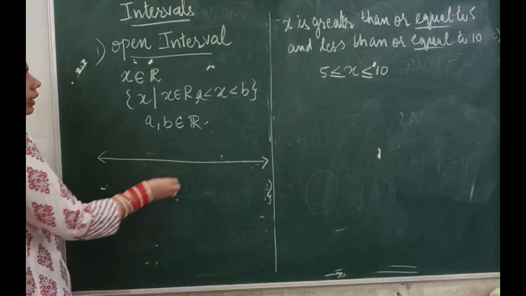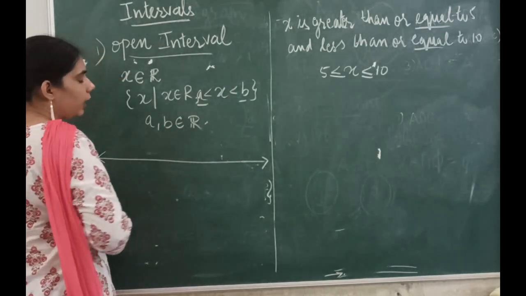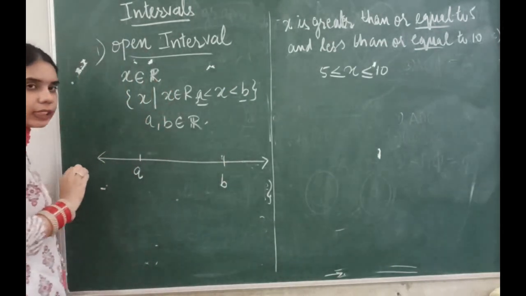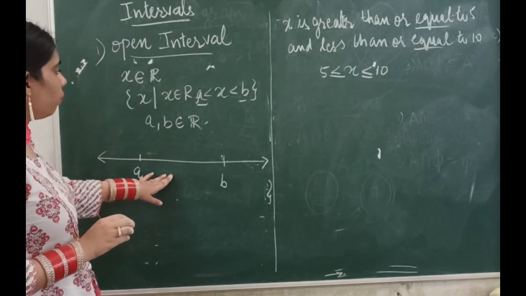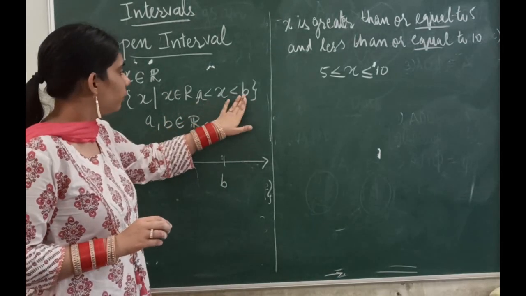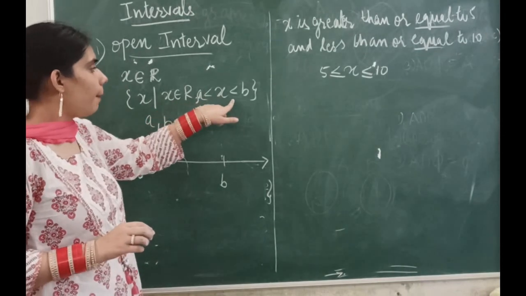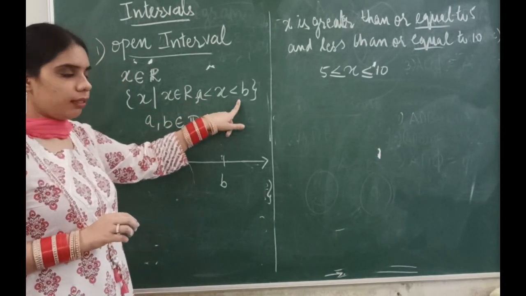So I am saying that there are two numbers a and b. Here is a, and let us represent b here. Then I am saying that x is strictly greater than a but less than b.